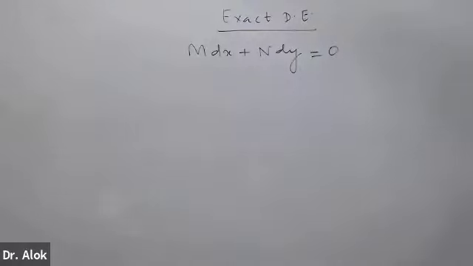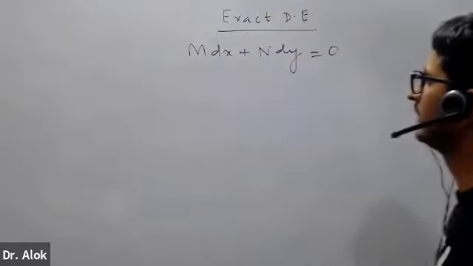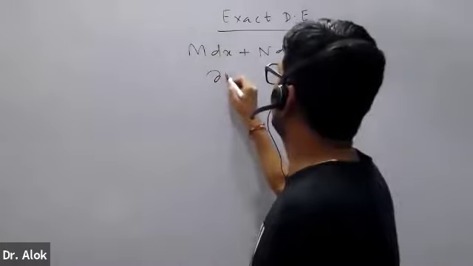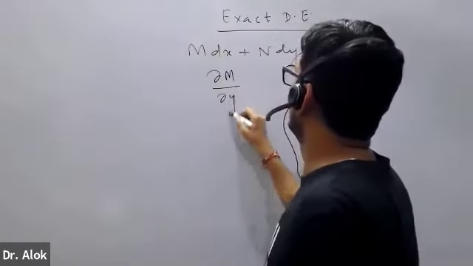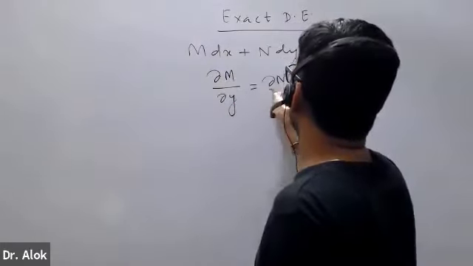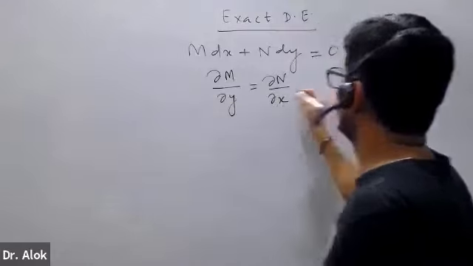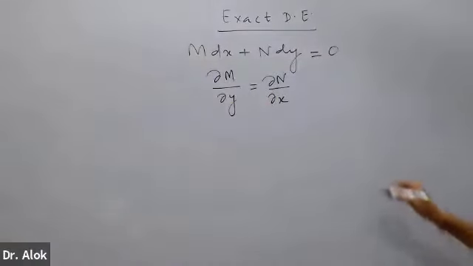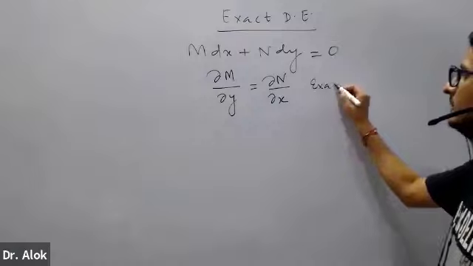So then, there is a condition: if del M by del y is equal to del N by del x, if this condition holds, then the equation is exact.